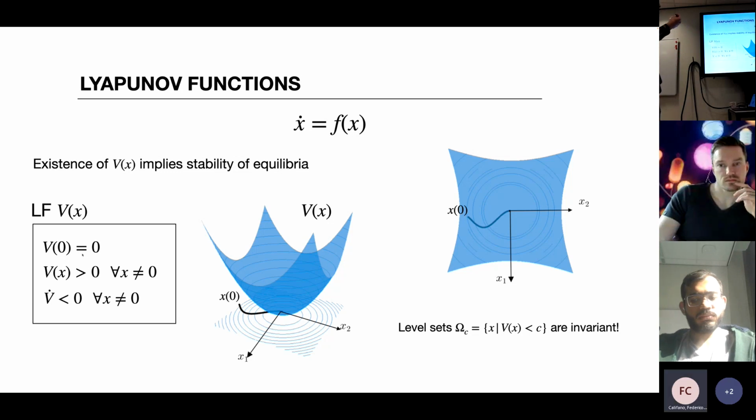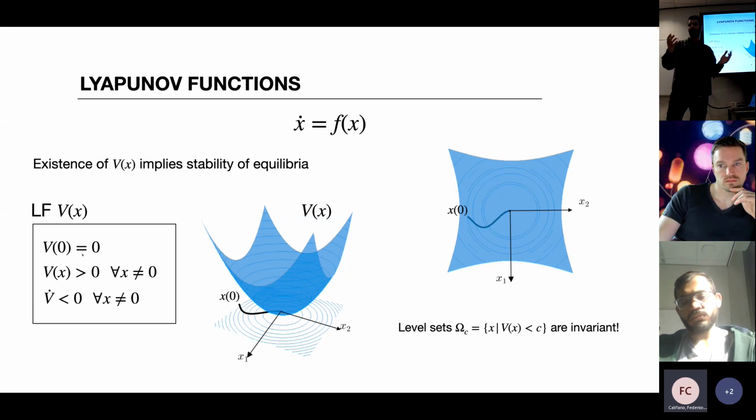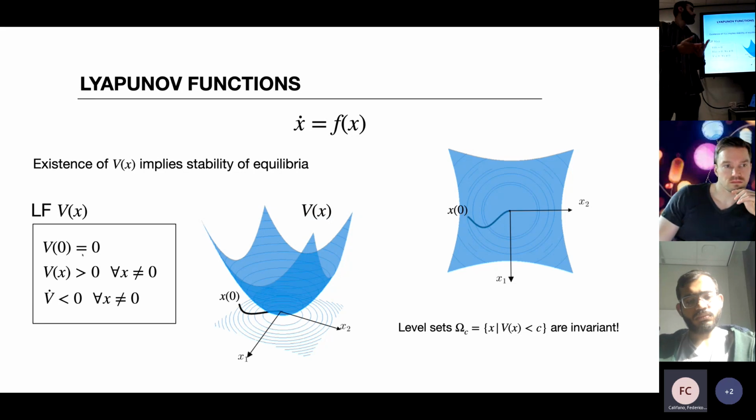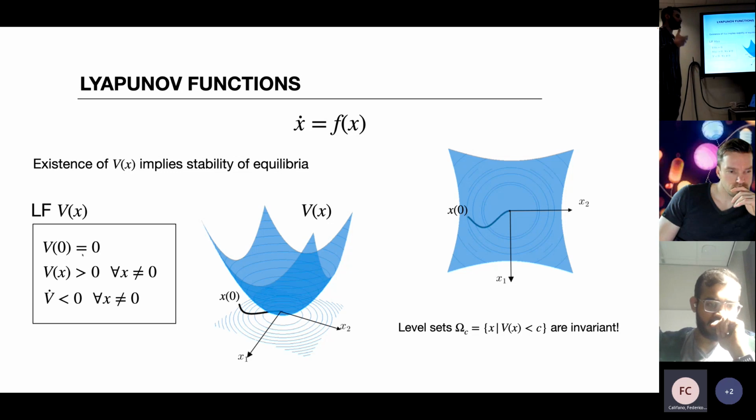Basically, the existence of a Lyapunov function, which is this positive definite function, this v of x, defined on the state space of the system, helps to understand the equilibria of the system: points in which, if you start the system at precisely that point, the system doesn't move, it remains there. That's an equilibrium. And this tool of the Lyapunov function helps to understand the stability of this equilibrium.